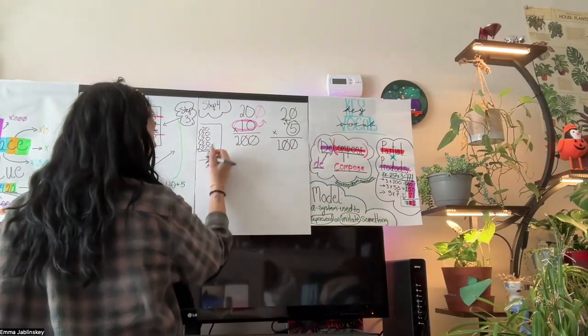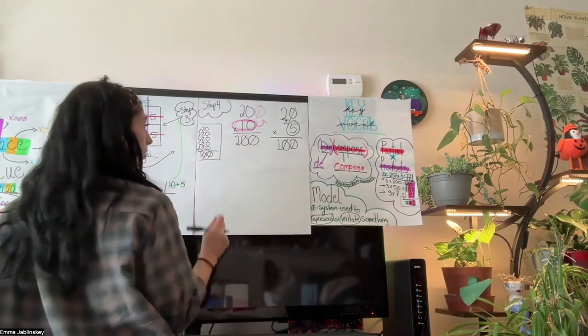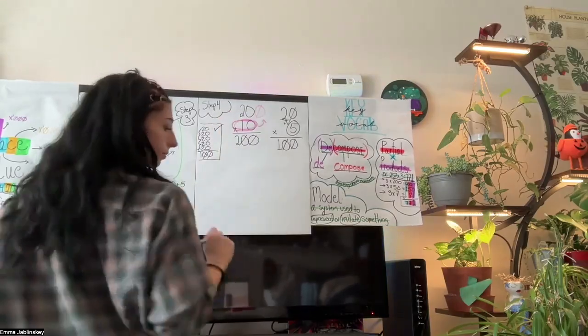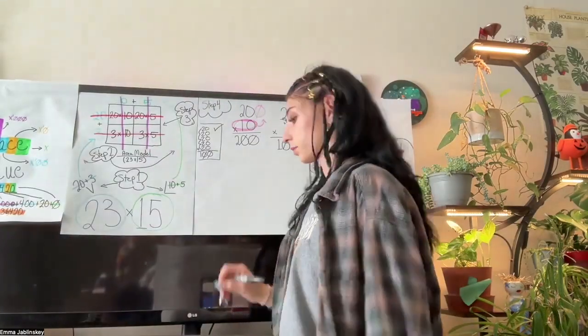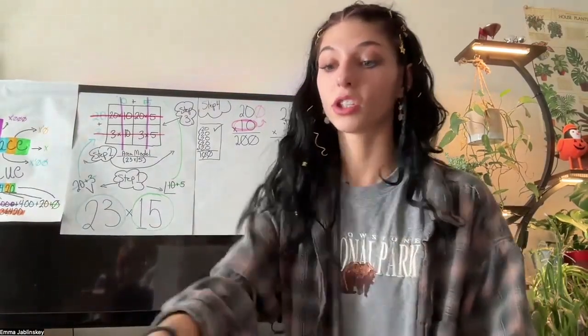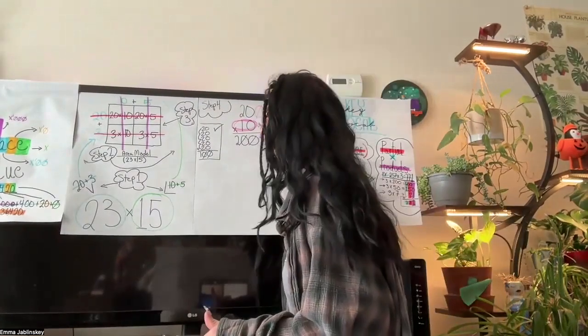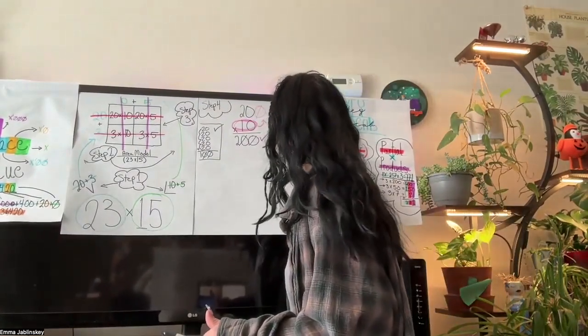And 8 plus 2 is 10. So we know that our work is correct. And to show when we check our work, I'm just going to check mark. So we know that this one's right. We know that this one's right.